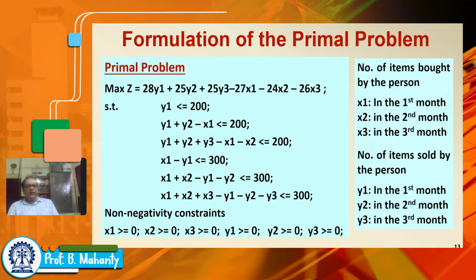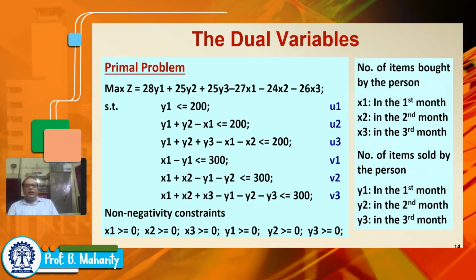Now, you can see the first variable, with regard to y1. In the first three, the u's are positive, and in the last three the v's are negative. So u1 plus u2 plus u3 minus v1 minus v2 minus v3 should be greater than or equal to 28.